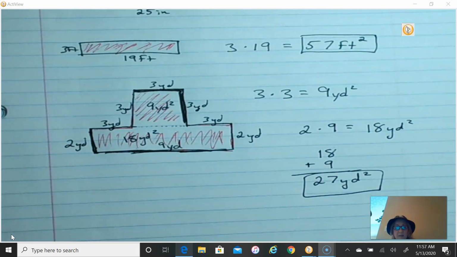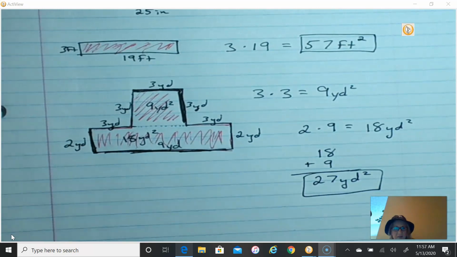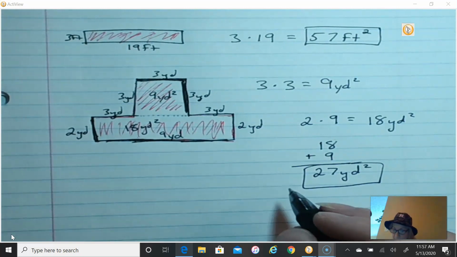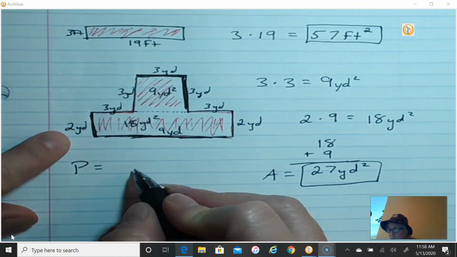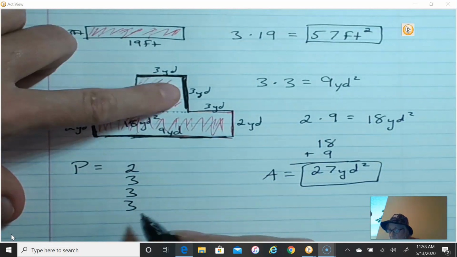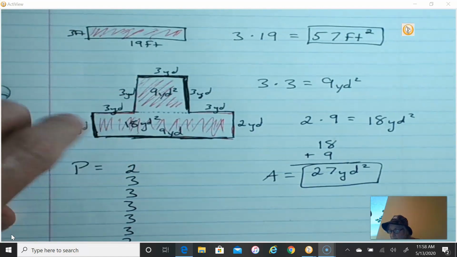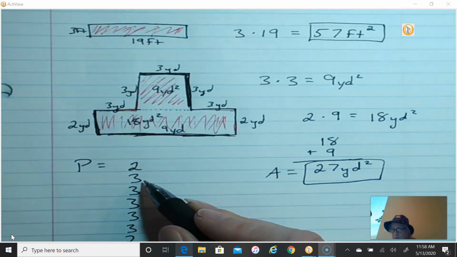Now, let me ask something. Did you need to know this number here, this measurement, or something like that? No, you did not. So the area equals 27 yards squared. Now, if they were to say, what's the perimeter of this thing, we would add 2 plus 3 plus 3 plus 3 plus 3 plus 3 plus 2 plus 9. 1, 2, 3, 4, 5, 3s, so that's 15.